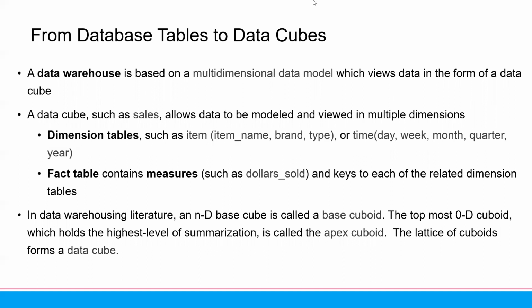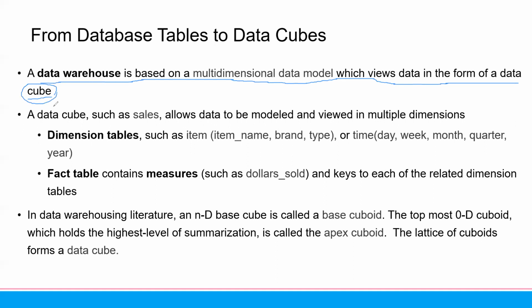As we know, we need to select some data from the transactional system into the data warehouse for analytical purposes. The data warehouse is based on the multi-dimensional data model, which views the data in the form of a data cube. This is the key point: data cube.